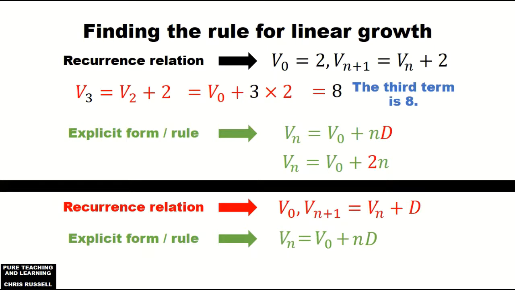As you can see, that place value has moved. The initial value has moved from the initial section in the recurrence relation down to the explicit form. And then we've got n, which is the number in the sequence, and the common difference at the very end.